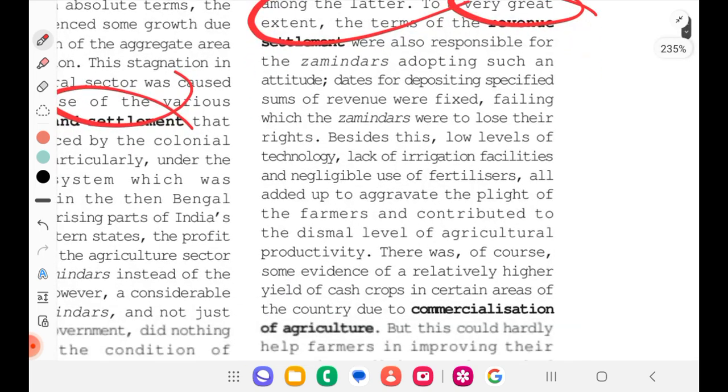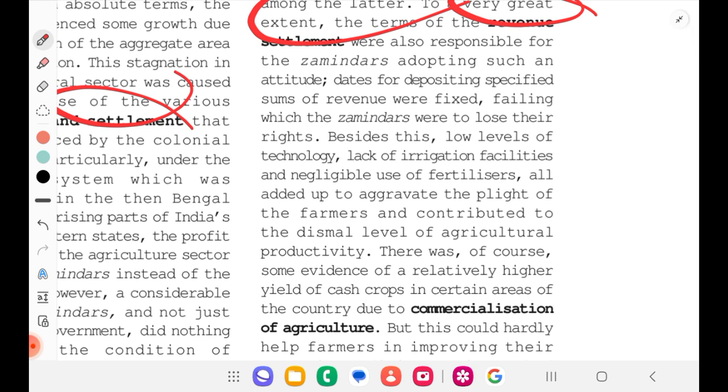Besides this, low level of technology, lack of irrigation facilities, and negligible use of fertilizers all added up to aggregate the plight of the farmers and contributed to the dismal level of agricultural productivity. There was, of course, some evidence of relatively higher yield of cash crops in certain areas of the country due to commercialization of agriculture.